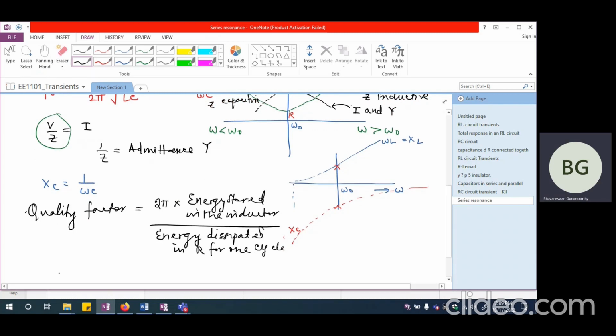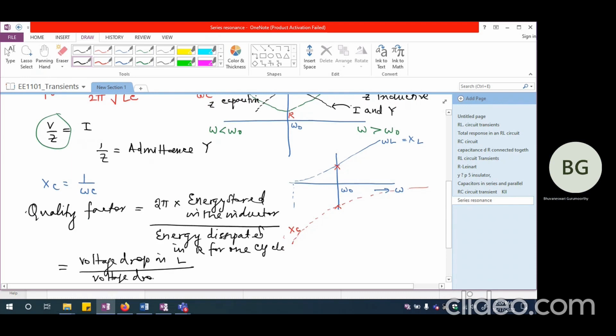So this is the definition of quality factor. This can also be defined otherwise as the ratio of voltage drop in L divided by voltage drop in R at omega naught. So both of them we are talking about at omega naught.